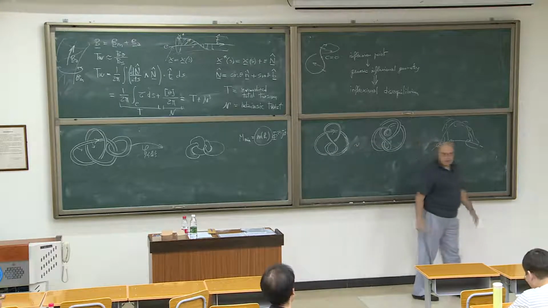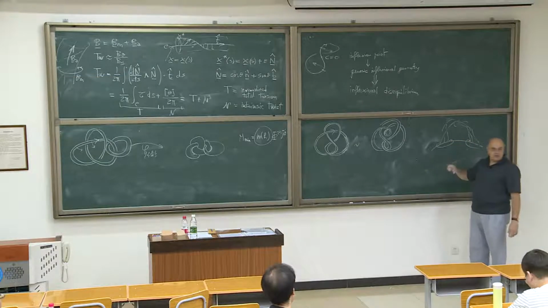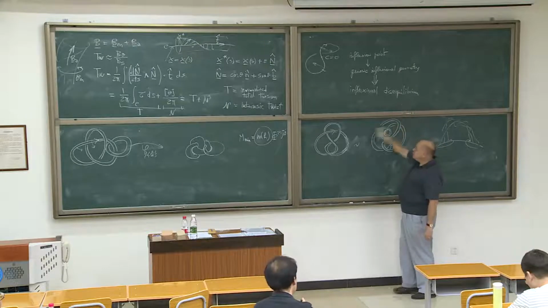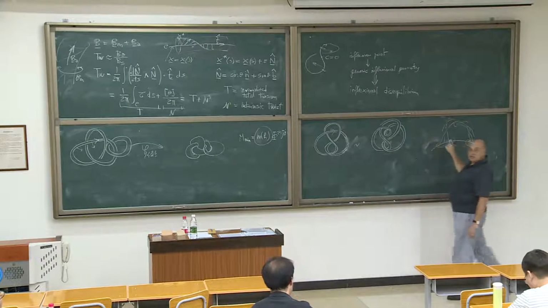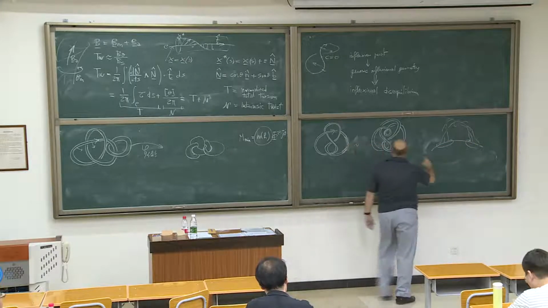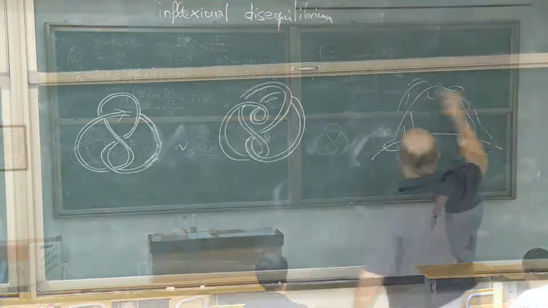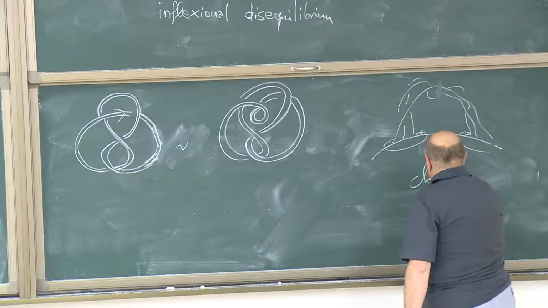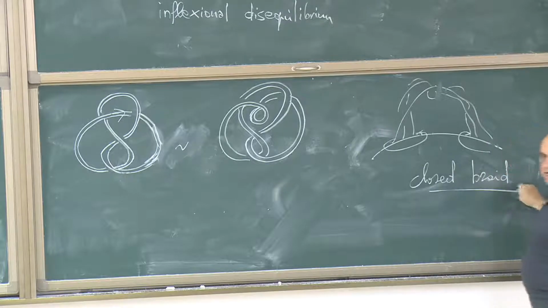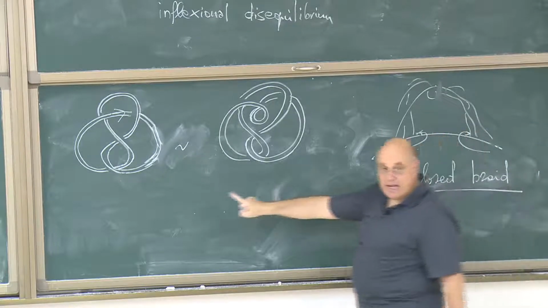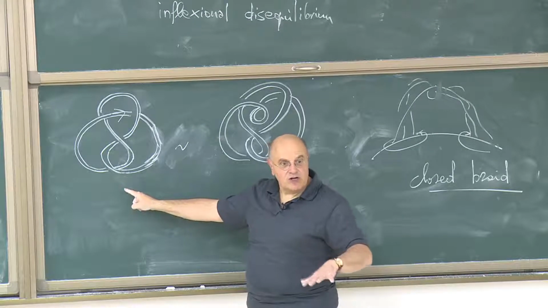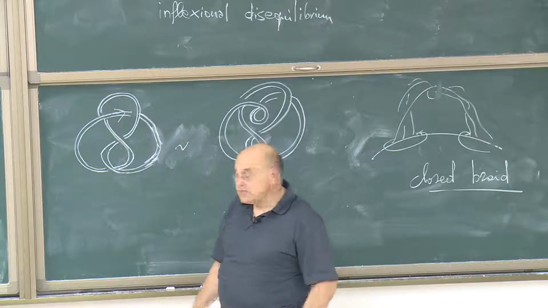This is just to tell you that it is a way to prove that through inflectional disequilibrium, you go from inflectional knots to inflection-free knots, and you may call this type of knots, the ones in this form, closed braids. Closed braid is another word for a knot. A knot like this has a minimum number of crossings.